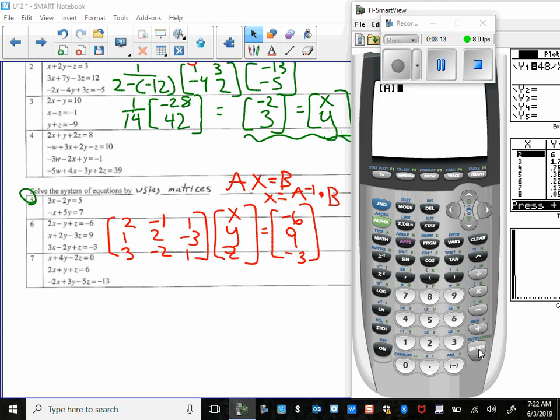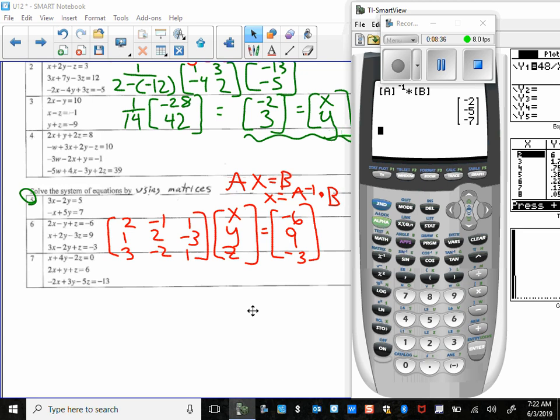And I want the inverse of it. So, remember, inverse means my exponent is that negative 1. So I'm going to hit inverse. And now I'm multiplying it, so hit the multiplication symbol by my matrix B. So second matrix, I want B now.